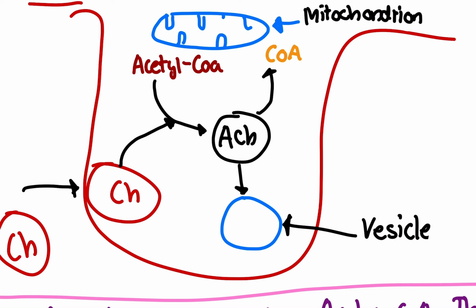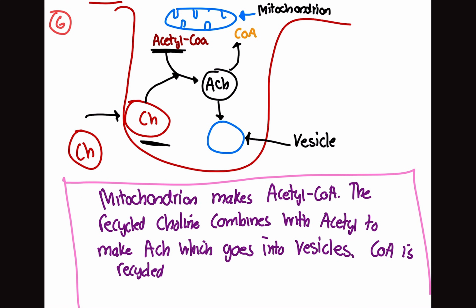Okay, when these two combine, when acetyl binds with choline, it literally makes acetylcholine, right? So acetyl is this part. Choline is this. That's acetylcholine. And that's ACH, right? What we use to bind to muscle cells.